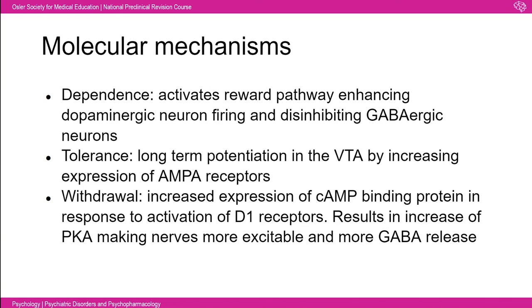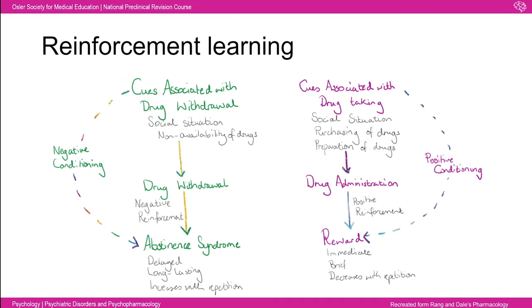Then withdrawal is the increased expression of cyclic AMP, and it involves binding proteins in response to activation of D1 receptors, which results in an increase of PKA, protein kinase A, making nerves more excitable, and more GABA is released.